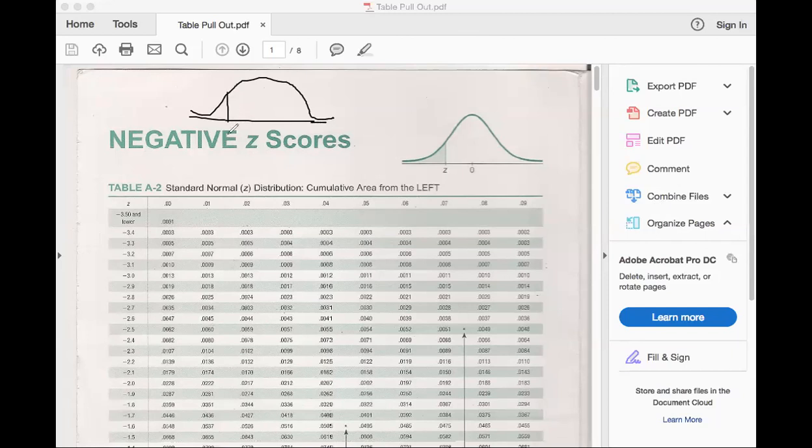And say I get a z-score, I'm just going to pass so we can see the numbers, of negative 1.96 and 1.37. And I've colored in between the two numbers.